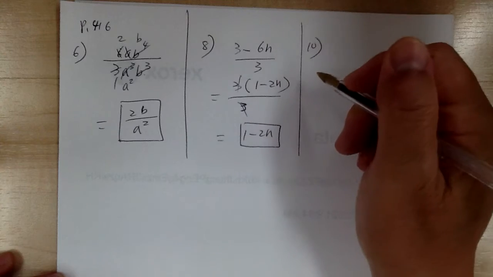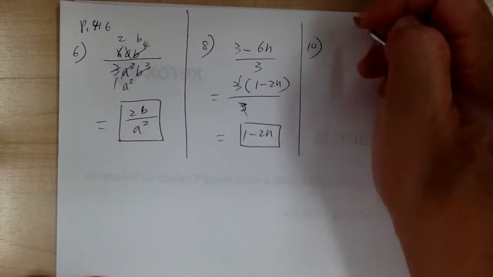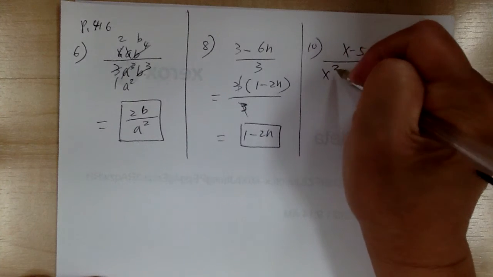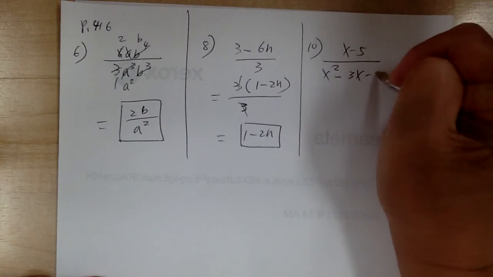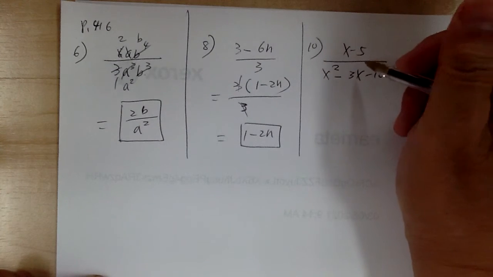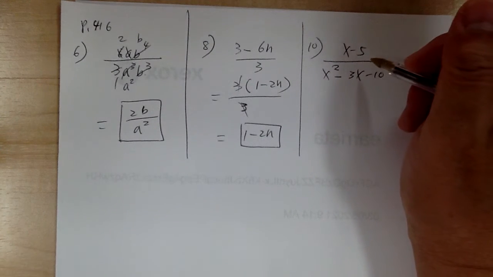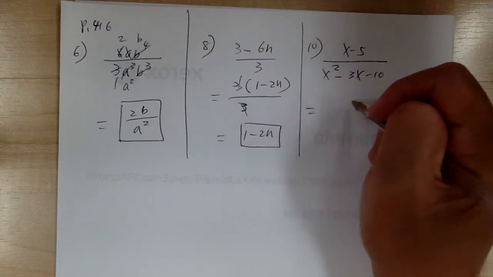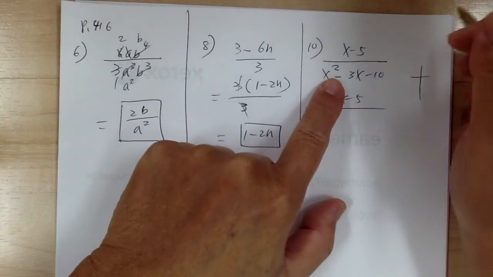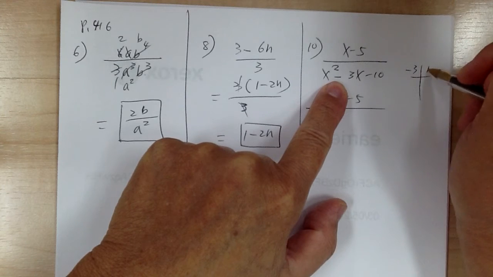Okay, number 10. You have x minus 5 over x squared minus 3x minus 10. Whenever you see addition or subtraction, those are terms. For terms, you need to do factoring before you can cancel. On the bottom, you can factor using your master product.